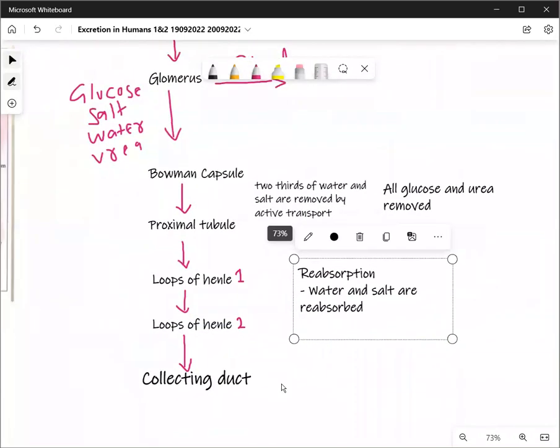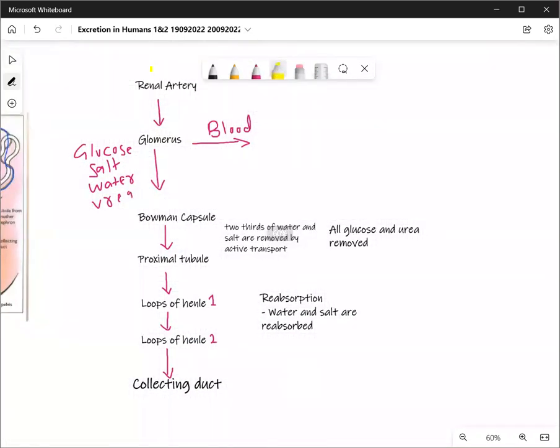Okay. Now please write all of this down in your notebook. Tell me when you're done. Don't write the reabsorption part. Not yet.